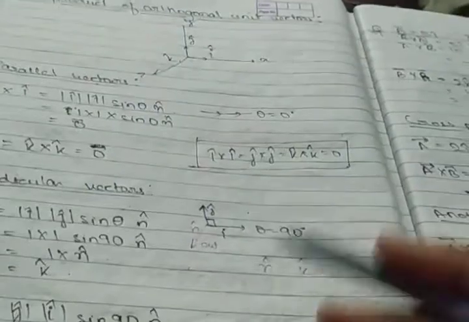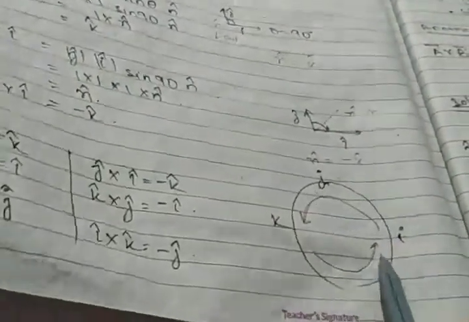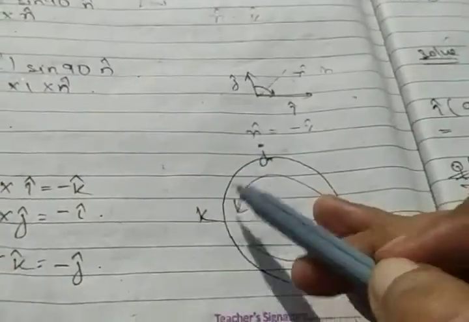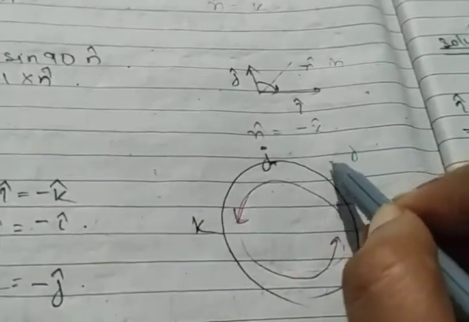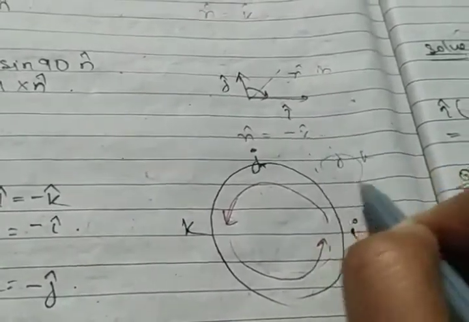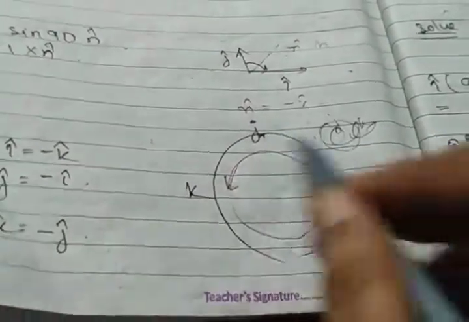So from here we draw a very easy diagrammatic result like this. Suppose I keep i, j and k in an anti-clockwise manner, or if you want, you can write it in any one direction, as you want. So suppose I have written here i, j and k in anti-clockwise.